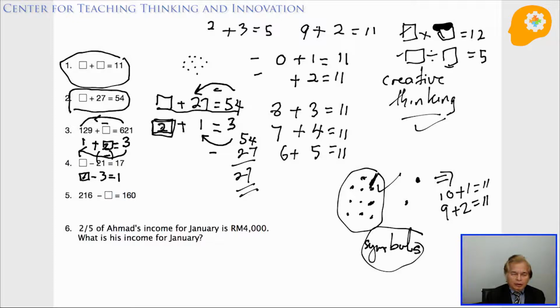They say 4. If they found 4, then ask them again how to get 4 by using 1 and 3. Forget about the sign, but using 3 and 1, what do you get? 3 plus 1. What do you think will be the solution for the top equation here? This is the smaller number, this is the bigger number.